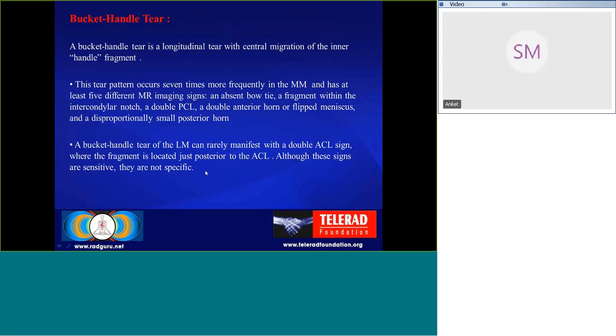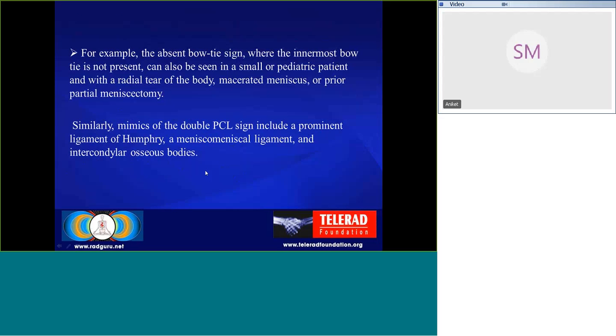Although these signs are sensitive, they are not specific. For example, the absence of bow tie sign, where the innermost bow is not present, can also be seen in a small or pediatric patient, with a radial tear of the body, or macerated meniscus, or in case of partial meniscectomy.